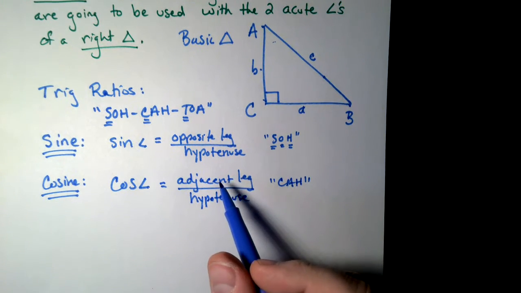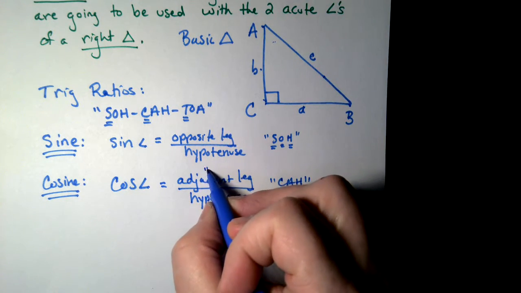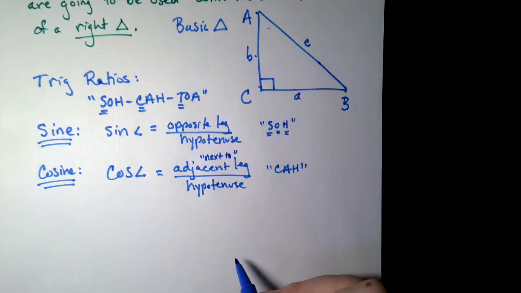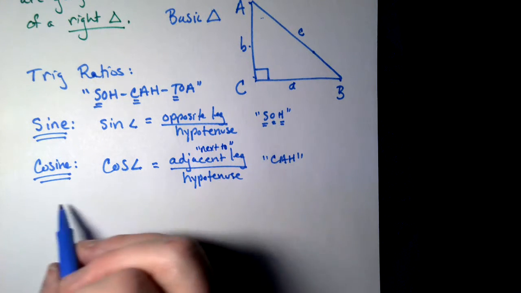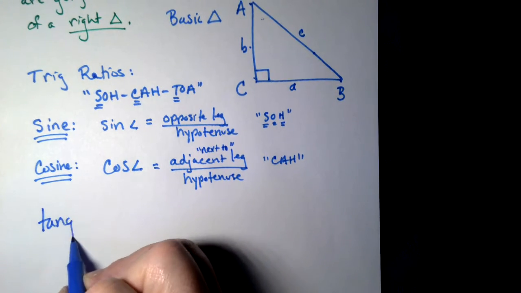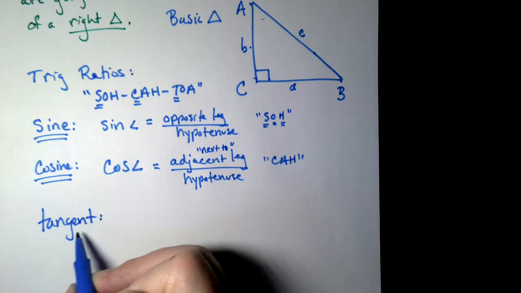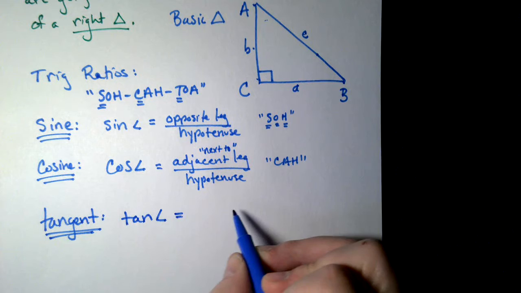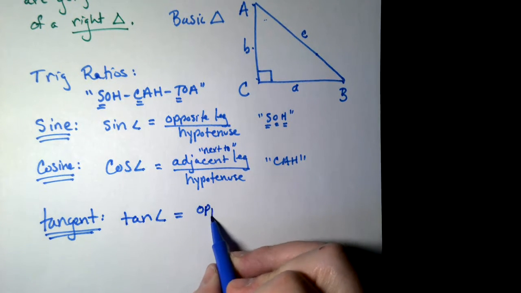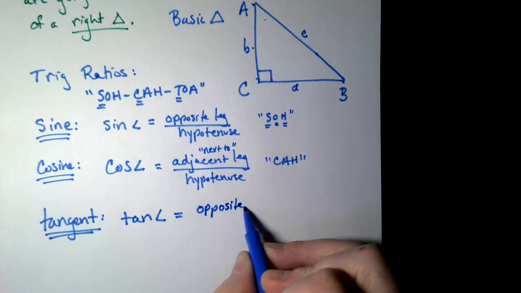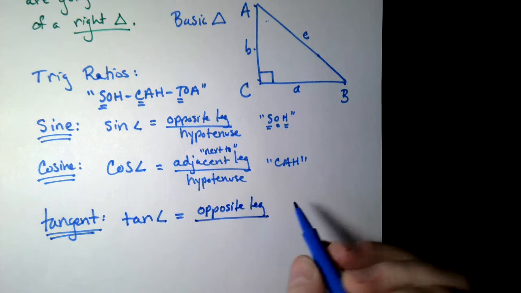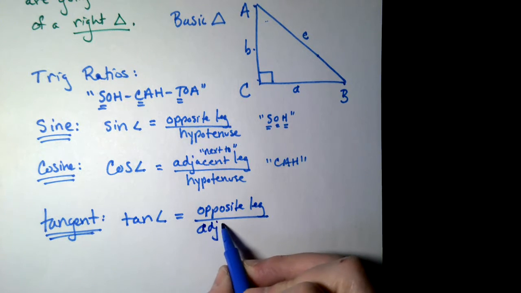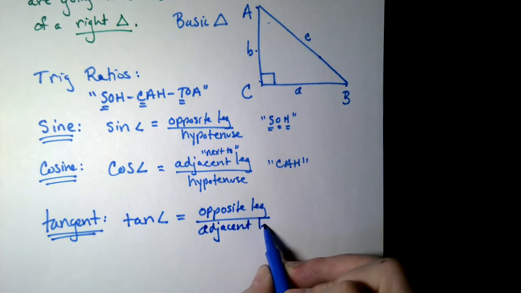Now, adjacent just is a math way of saying the leg next to it. The leg right next to it. That's what they mean by adjacent. And then tangent of an angle is equal to the opposite leg over the adjacent leg.